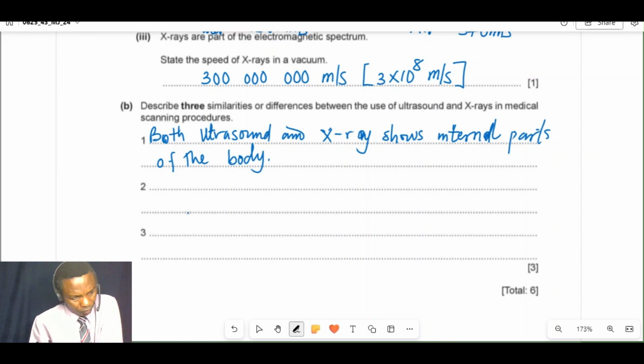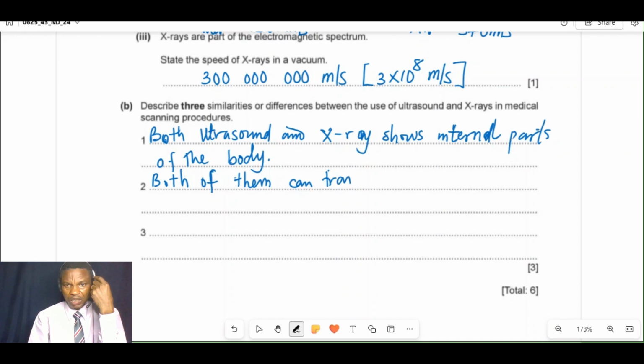Now, both of them can travel through some parts of the body.